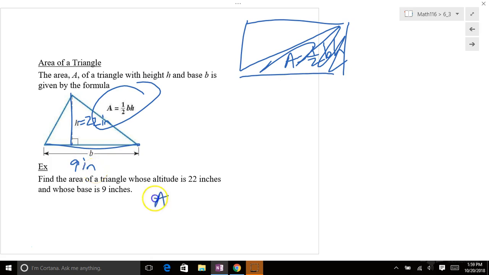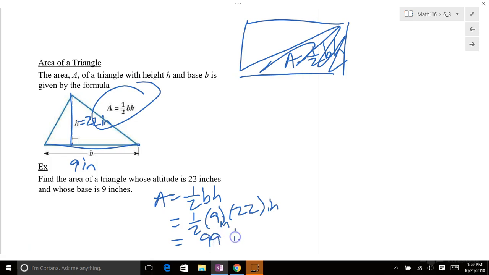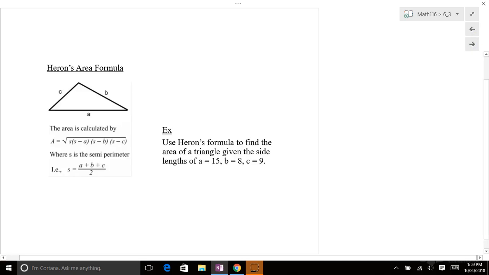So you just plug it in. 1/2 base times height. 1/2 the base is 9 times the height is 22. You multiply that, and this is inches, this one's inches. So it looks like that ends up being 99 square inches, the area of that triangle there.